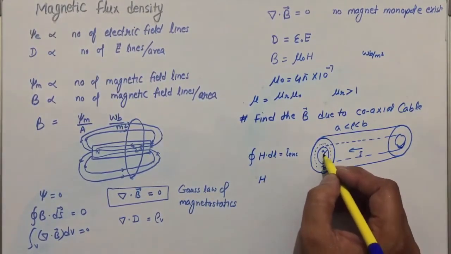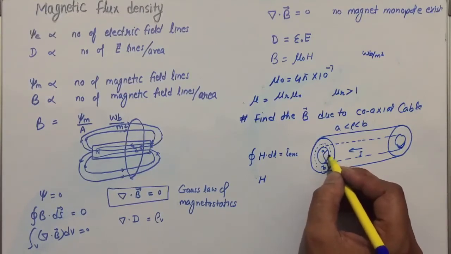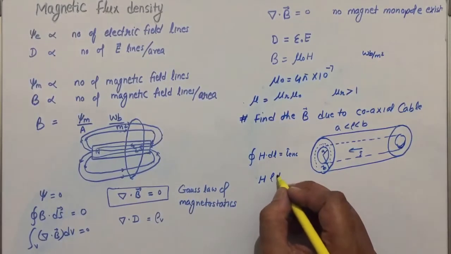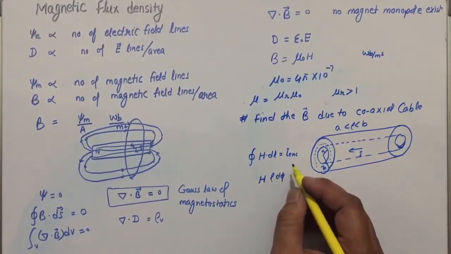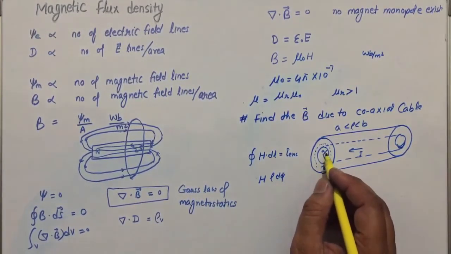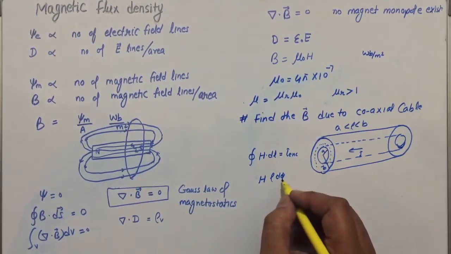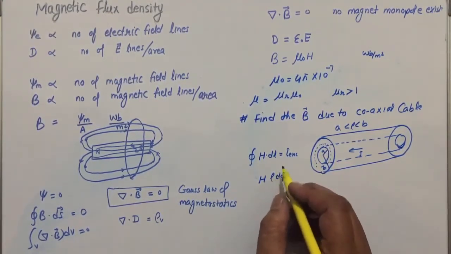In this case, if we are talking about this length, then dl can be written as rho d phi. H will be in the direction of phi, so the dot product will give you 1.